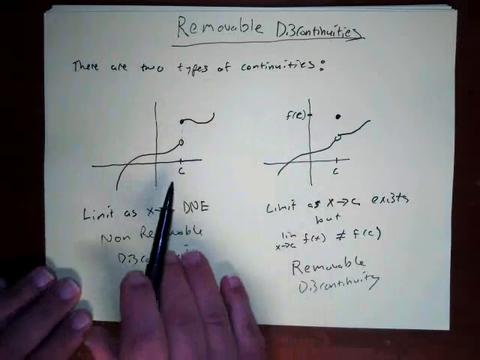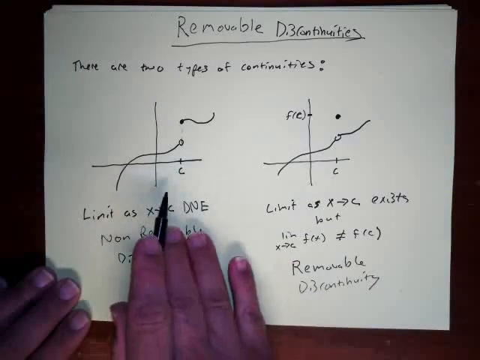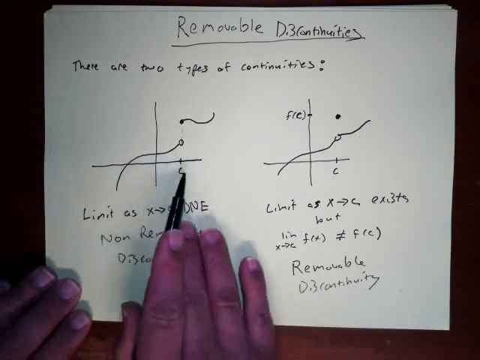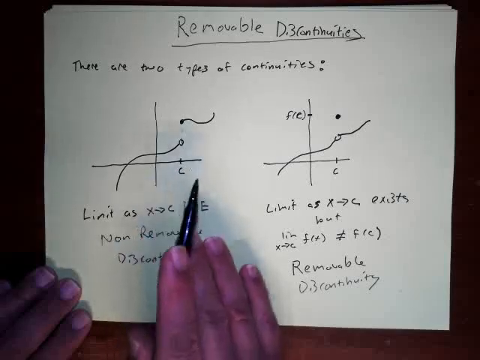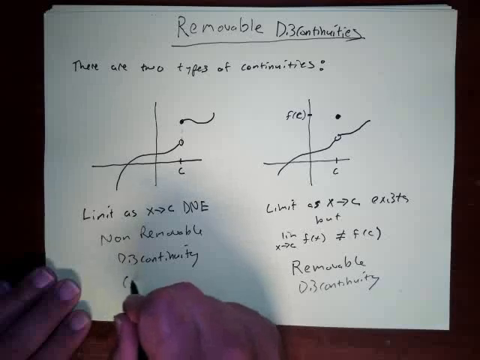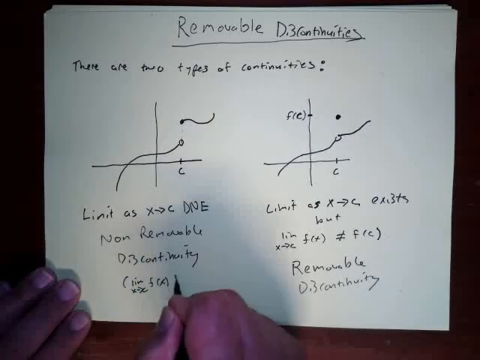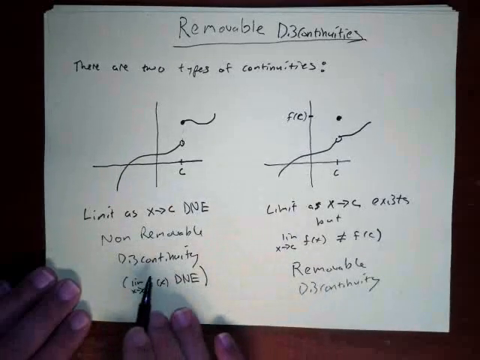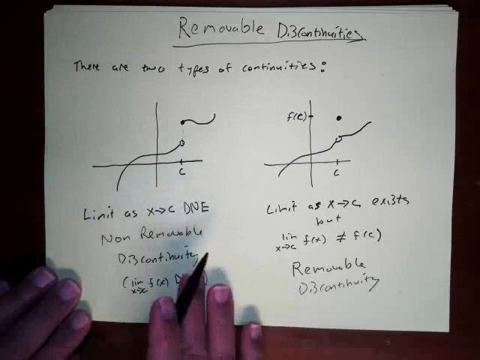This is a more serious kind of discontinuity. I can't redefine f at C and then remove the discontinuity. What makes it more serious is that the limit as x approaches C of f of x does not exist. If the limit does not exist, it's a non-removable discontinuity.